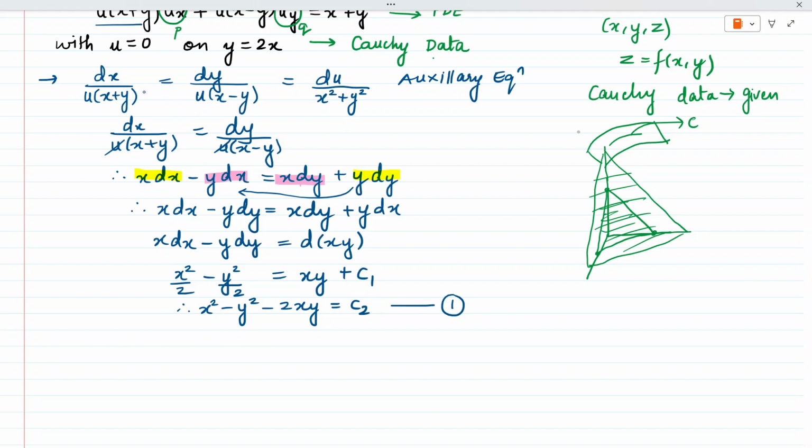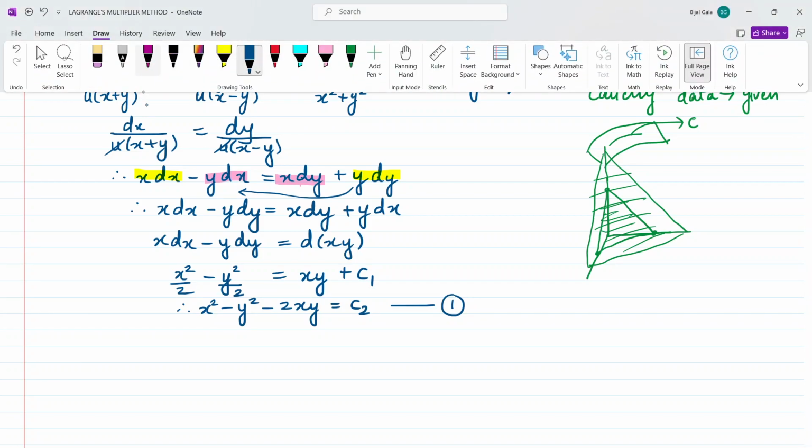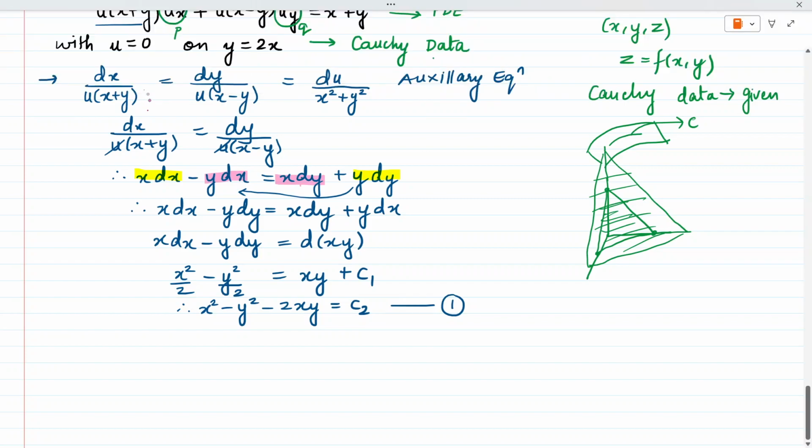If we multiply the first by x minus y, as you're suggesting, correct? Okay, let's check. First by x minus y, second with x plus y, and third with u. Let's check what we will get. We'll get u times x square minus y square, correct? u times x square minus y square, and u times x square plus y square.